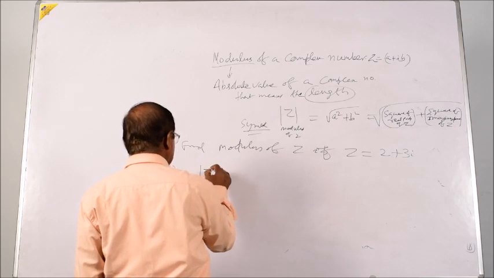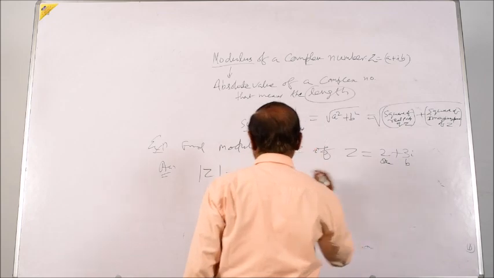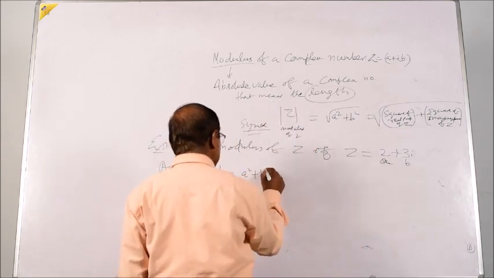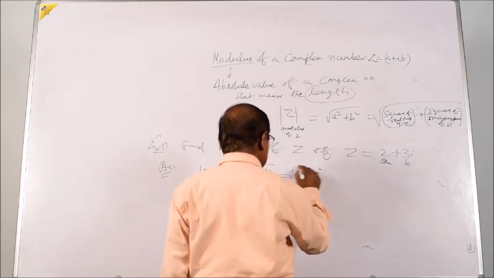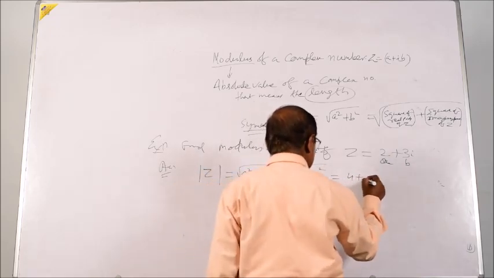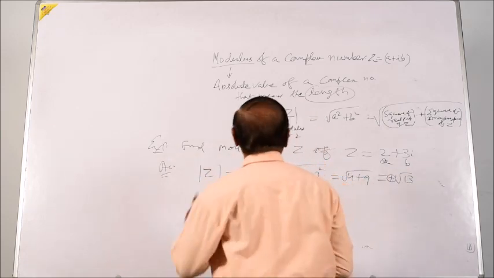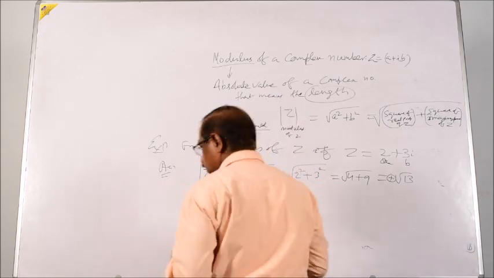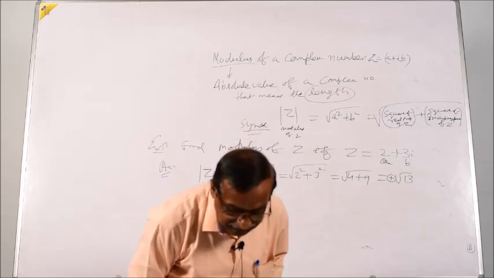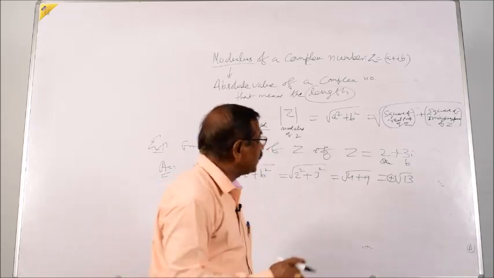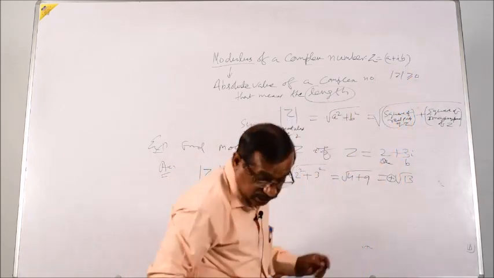So, the answer will be this: mod z, you see a plus ib, so mod z will be the square root of a square plus b square, that is the square root of 2 square plus 3 square, that is 4 plus 9, that is root 13. Here the plus sign is taken because modulus is always positive. As modulus is always positive, we take the positive sign, because mod z is always greater than or equal to 0.